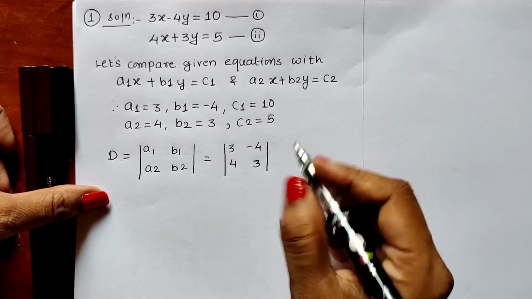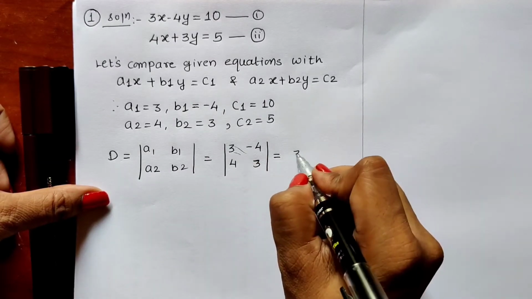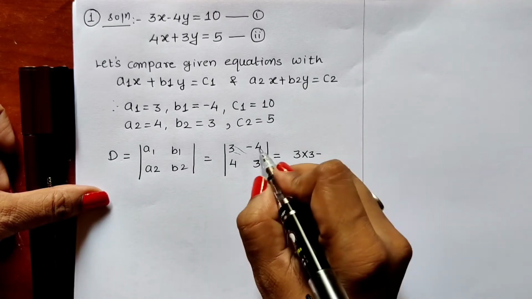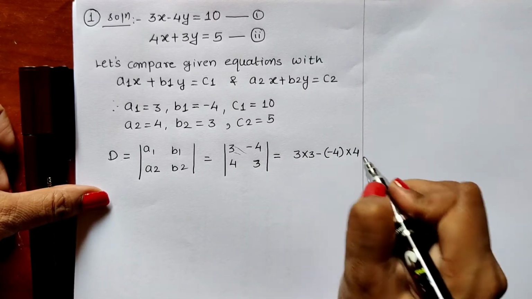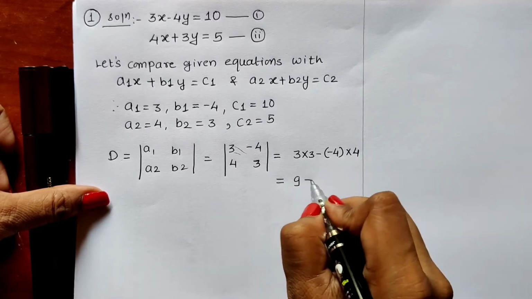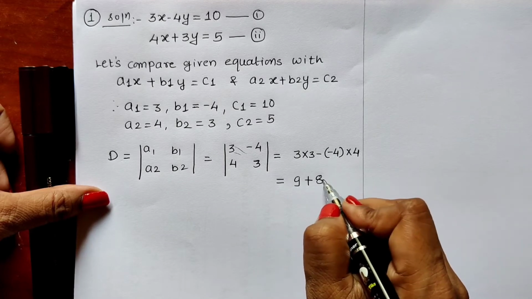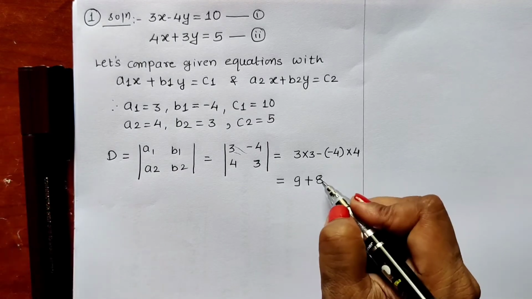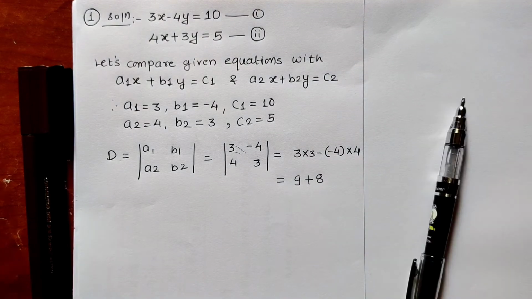Now cross multiply and get the answer. 3 into 3, minus 4 into plus 4. 3 threes are 9, minus minus will become plus. 4 fours are 16.